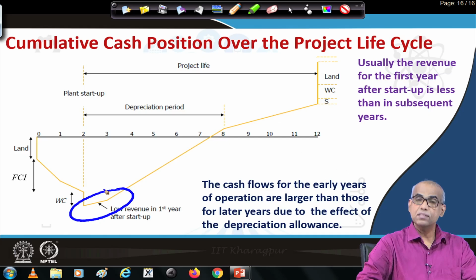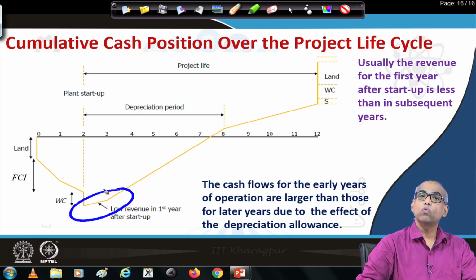So, you see that there is a difference in the slope. This is because immediately after startup, your project or plant will not operate at its maximum design capacity.